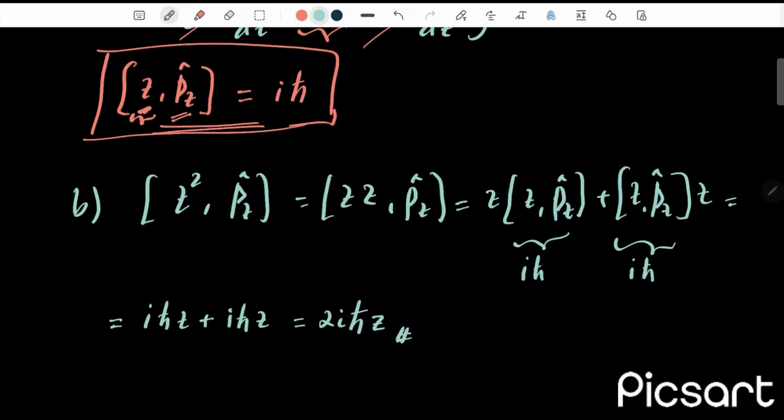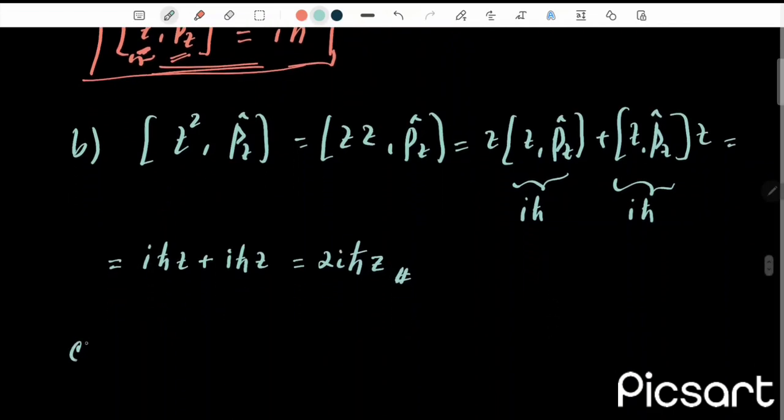This is the solution, and we go on with the last exercise for this number, which is the commutator of z square and pz square.